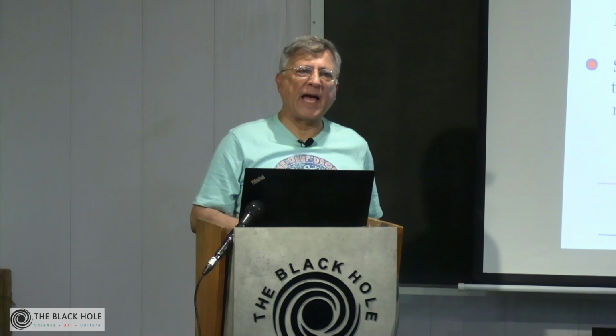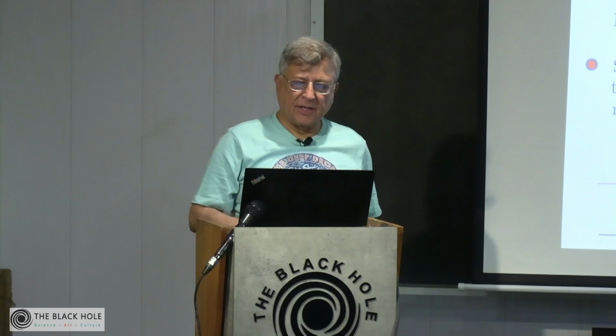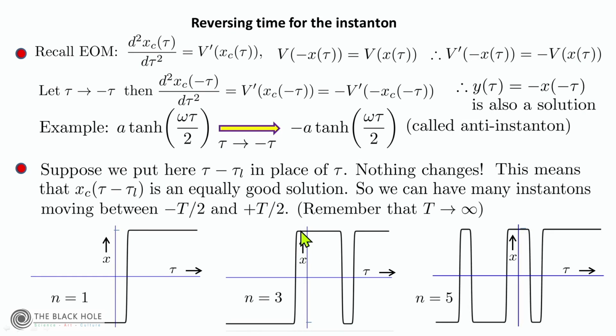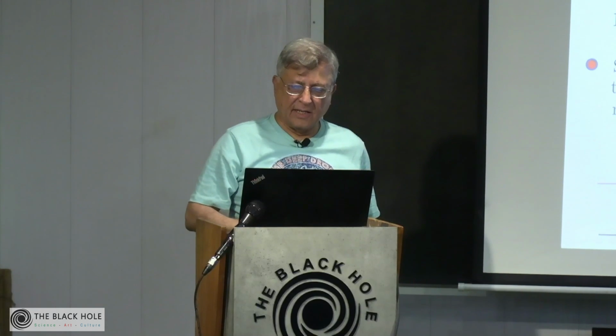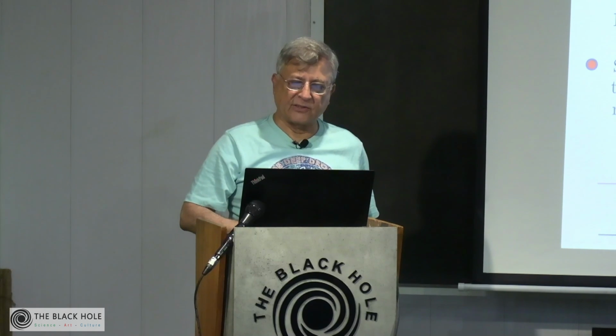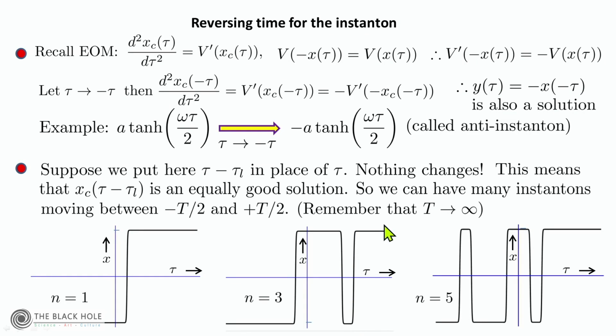It never comes back. However, here it goes to plus a, and then an anti-instanton, which means it'll start at plus a and then end at minus a. It takes it back to minus a and then up and back.